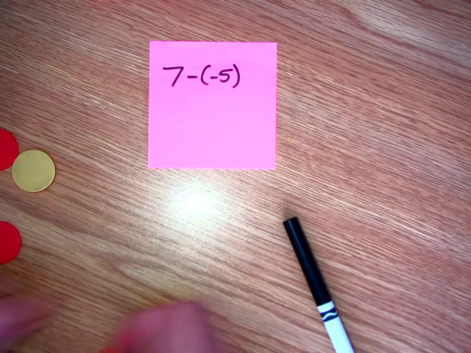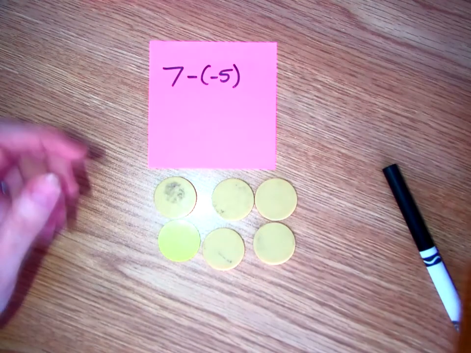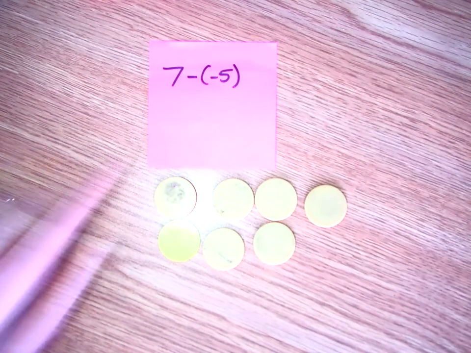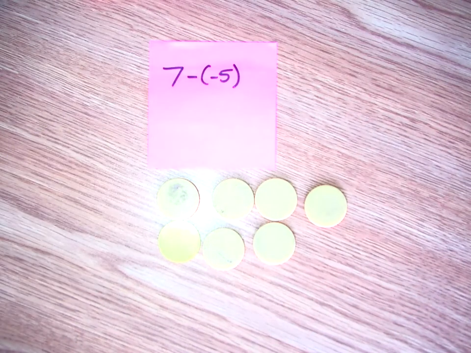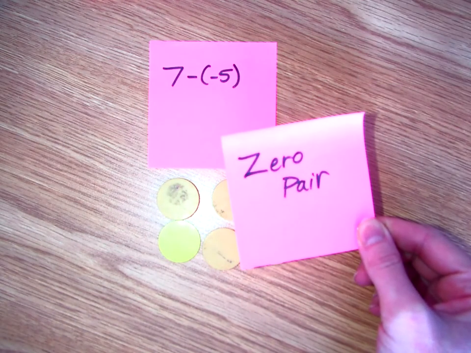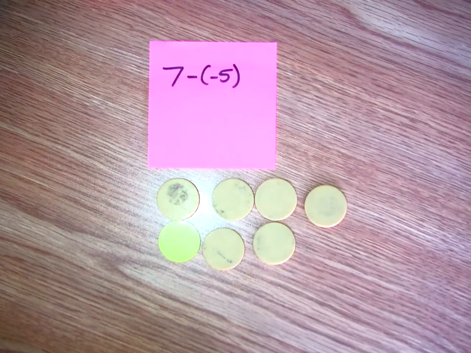To me, when they tell me I got 7, that means I got 7 positive, I got 7 yellow chips. It says, take away 5 red chips. I don't have 5 red chips. We need zero pairs. We need to find a way to bring in 5 red chips.